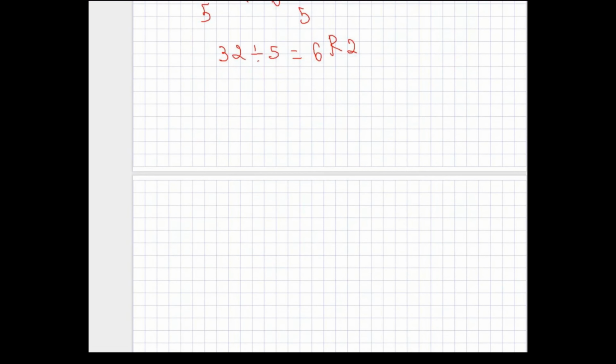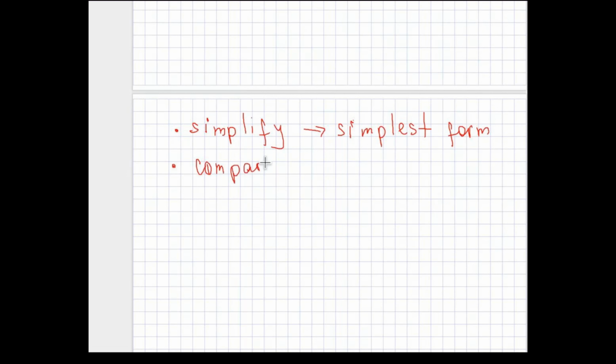Okay, I hope this lesson will be very useful for you, and you will learn some subtopics from here. So today generally we'll learn how to simplify fractions, and of course we'll learn about the simplest form. Then we learn how to compare fractions and how to order them.